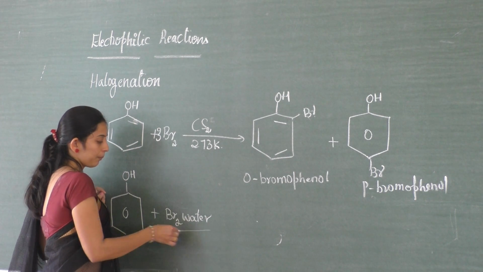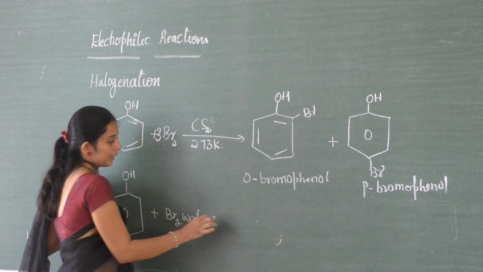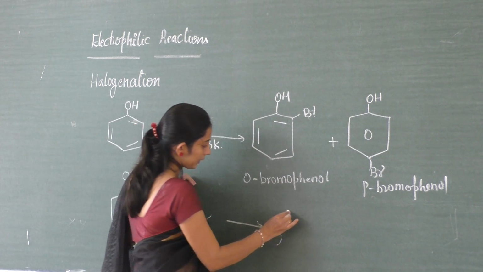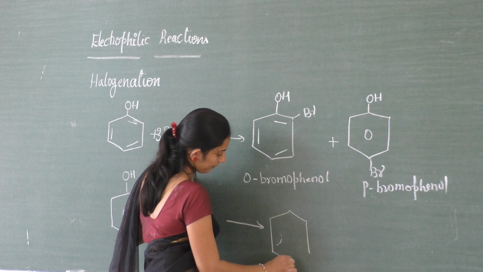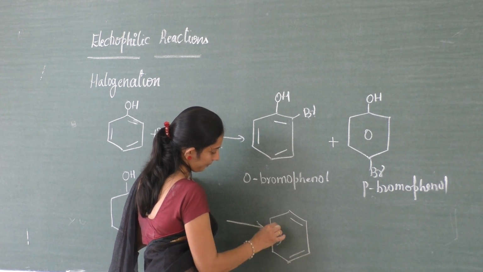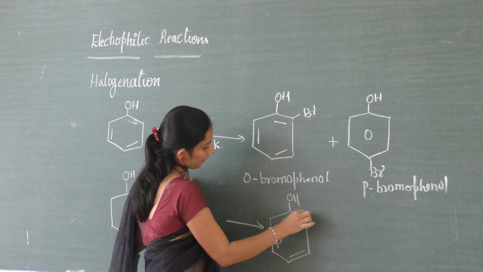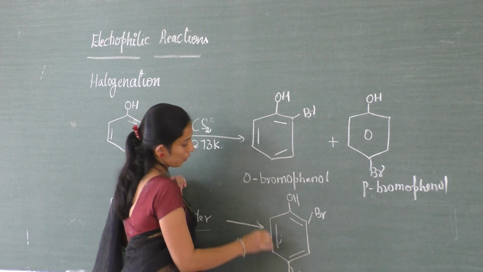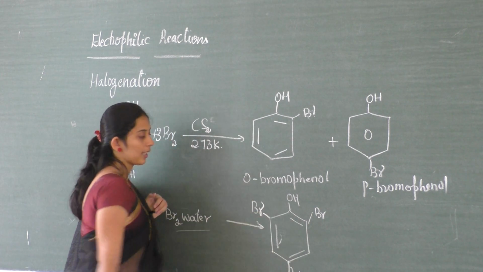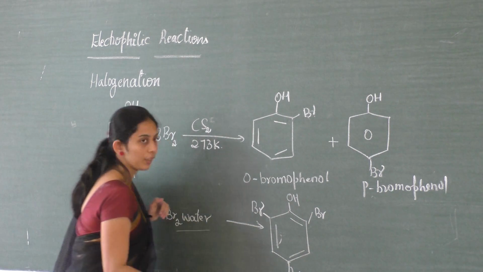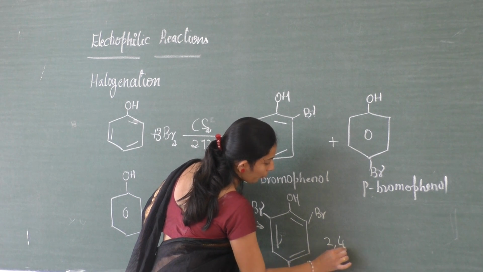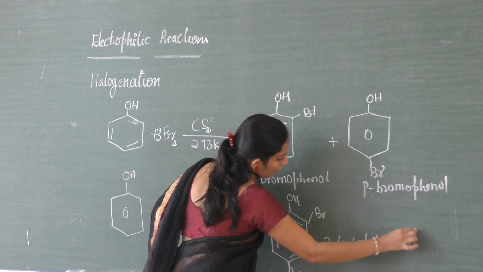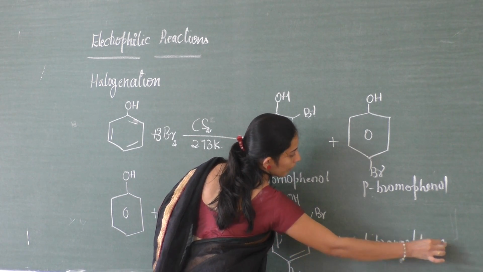When you use bromine water as the electrophile, the product formed has OH, with bromine at the second position, fourth position, as well as sixth position. So that is what we call 2,4,6 tribromophenol.